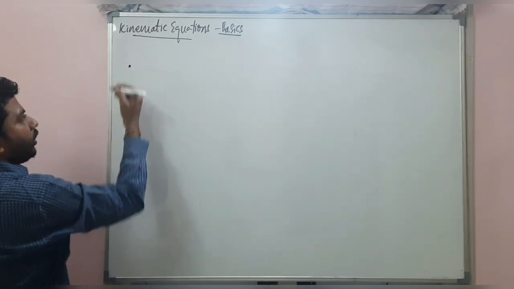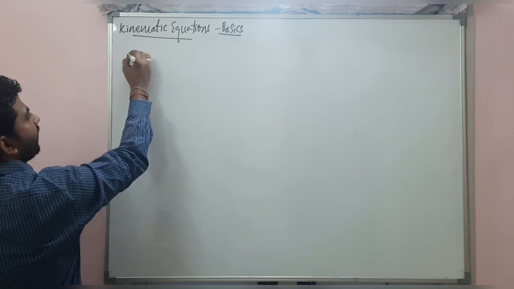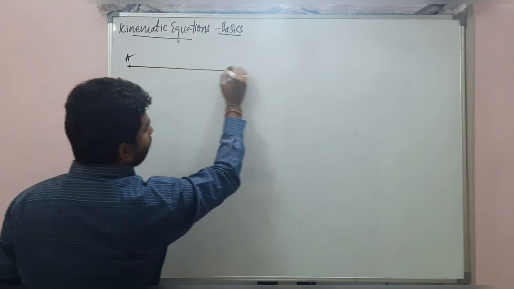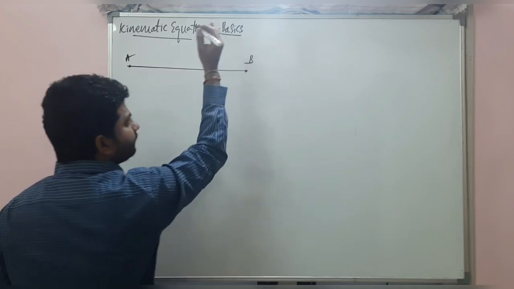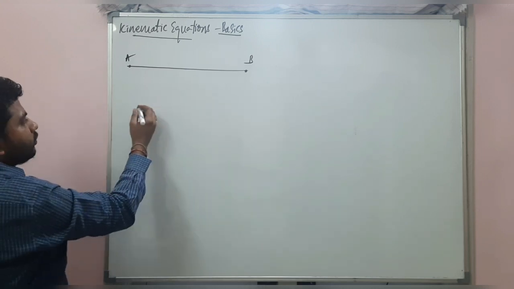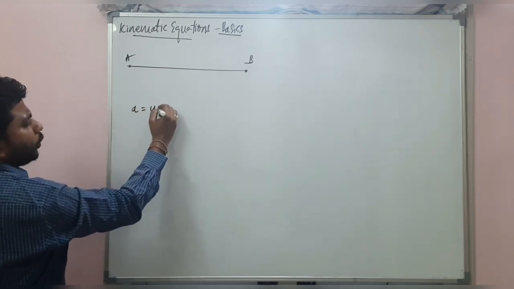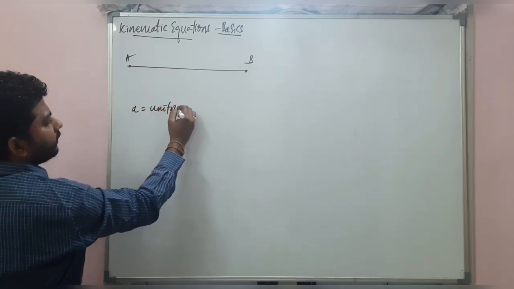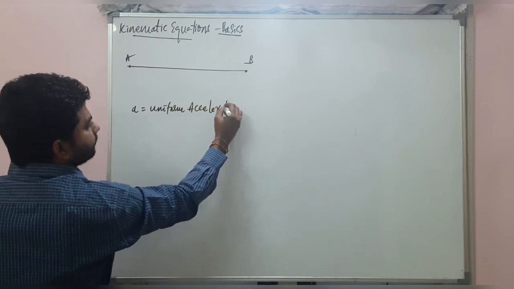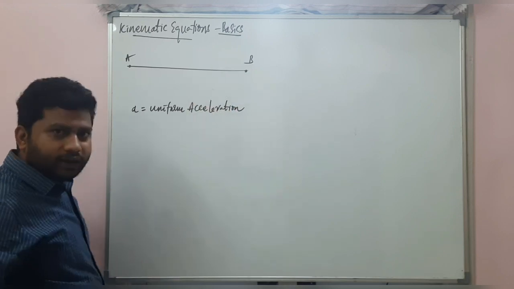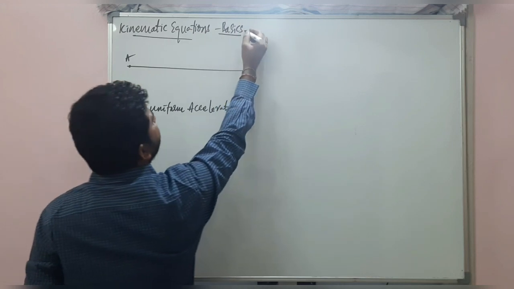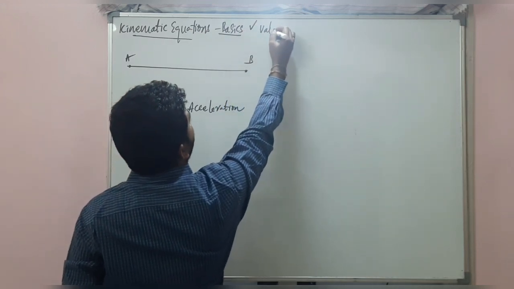Imagine there is a body starting from point A, moving here to point B. The whole journey, the body is moving with an acceleration which is called uniform acceleration. If a body is moving with uniform acceleration, then only the kinematic equations are valid.